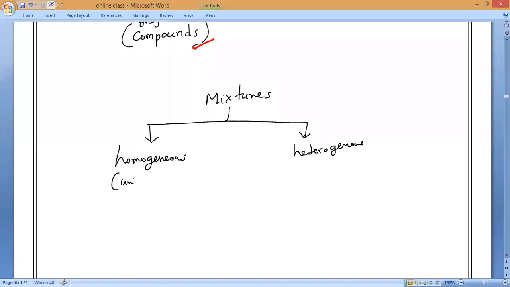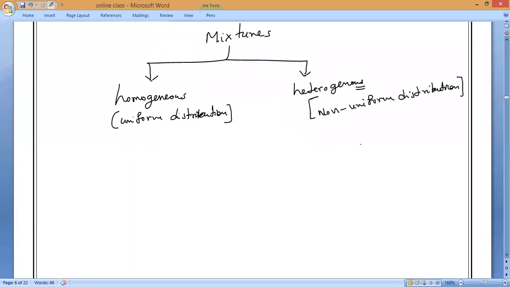If it is uniform distribution, then I can say it is homogeneous mixture. If it is non-uniform distribution, then that is called as heterogeneous mixture.